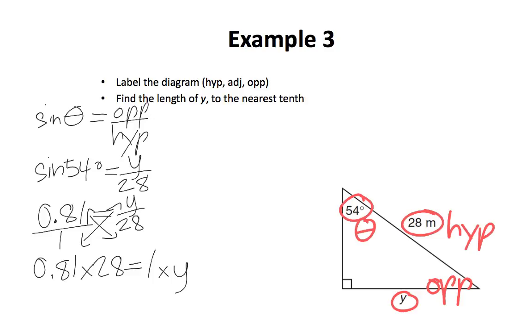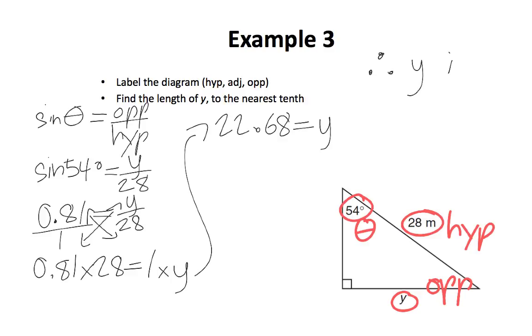You can take 0.81 times 28 and put that into your calculator, and you're going to get 22.68. Now, on the right side, 1 times y is just y, because anything multiplied by 1 stays the same. Let's make a concluding statement.